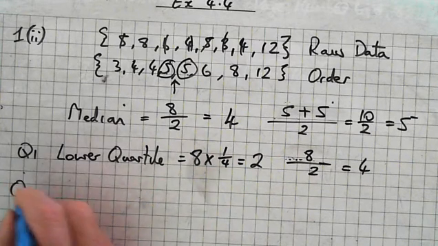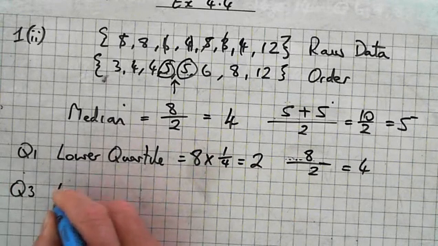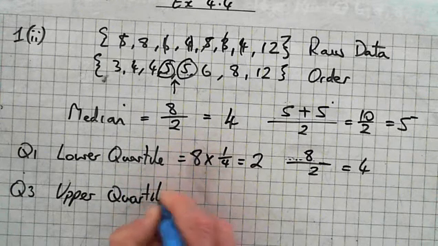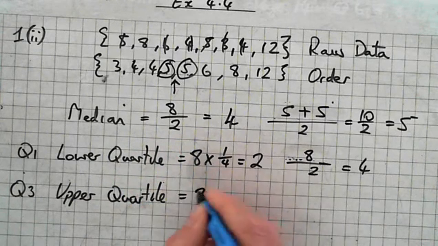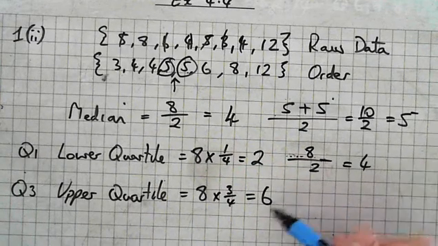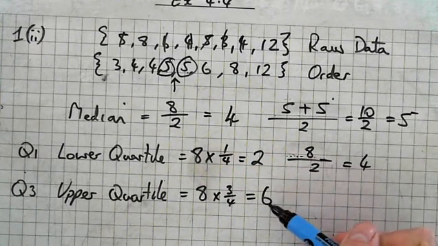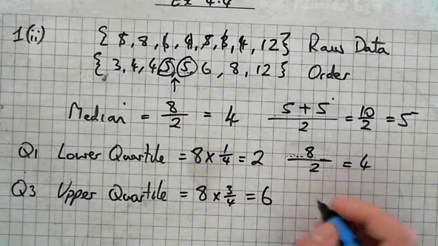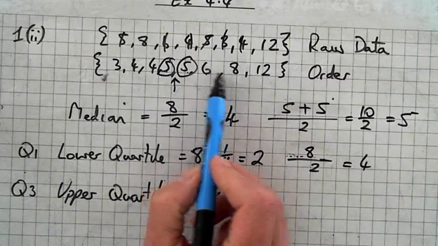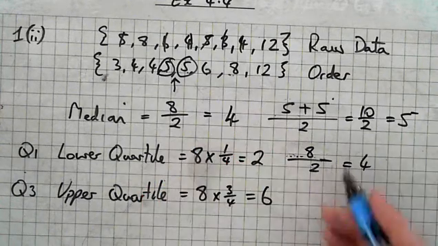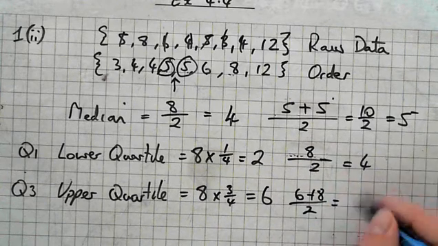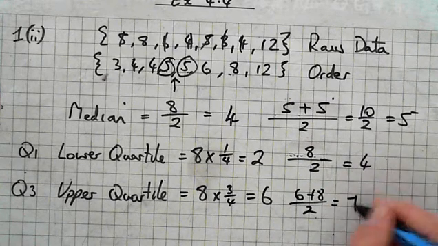Now what's the upper quartile? Upper quartile is 8 times 3/4, which is 6. So 6 is an even number, so I pick the 6th and the 7th number. 1, 2, 3, 4, 5, there's the 6th and the 7th: 6 plus 8, divided by 2. 14 divided by 2 is 7.